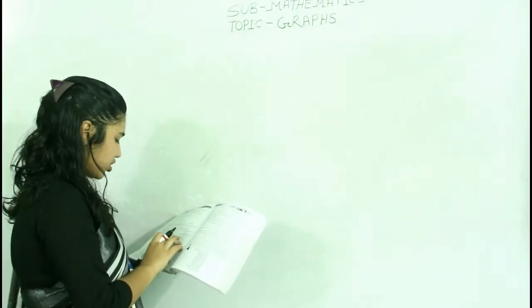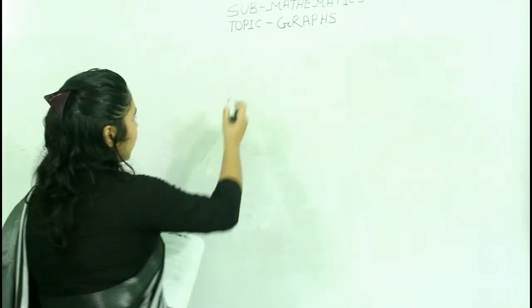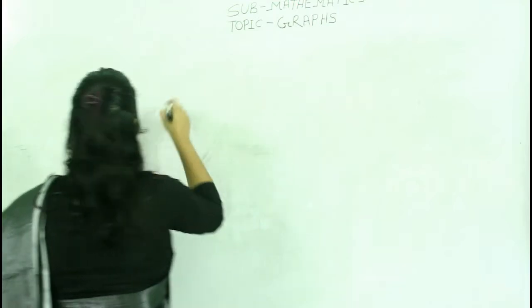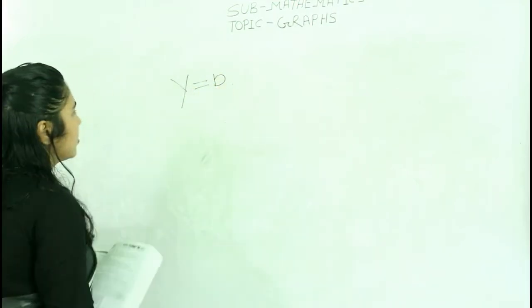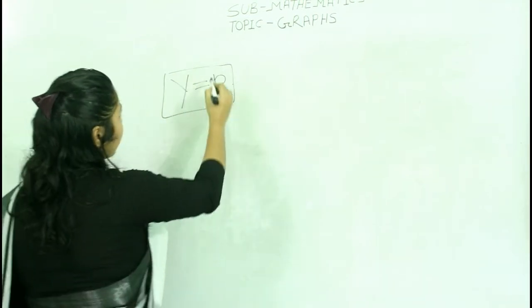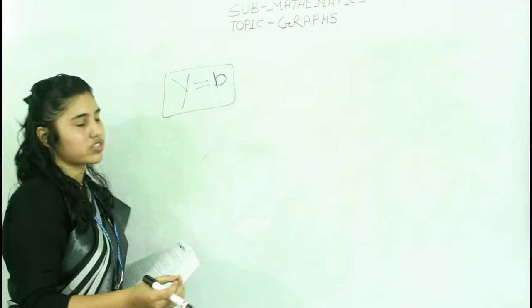So here in our question, this straight line is parallel to the x axis. That means the equation of this straight line is y equals b. Now this is our equation. b is here any real number, that means constant.